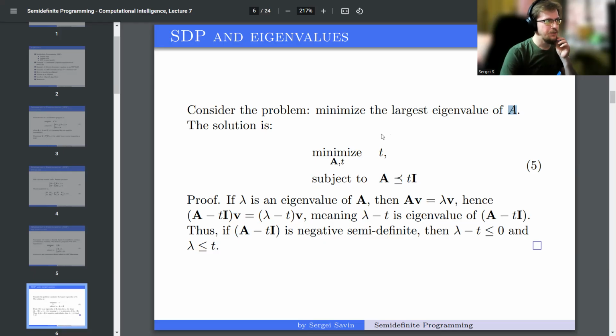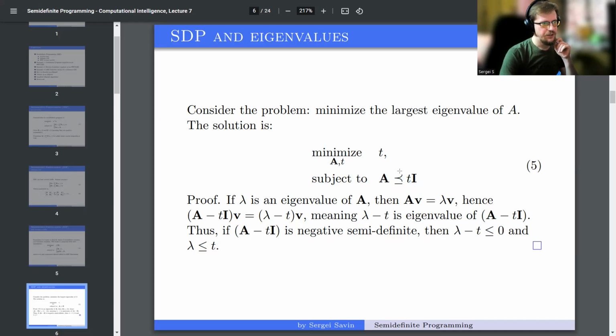How do you write it as an optimization problem? Well, you can write it as an SDP this way. You say, minimize T such that A minus I times T is negative semi-definite, or A is less than I times T. So what does this formulation, by the way, mean?